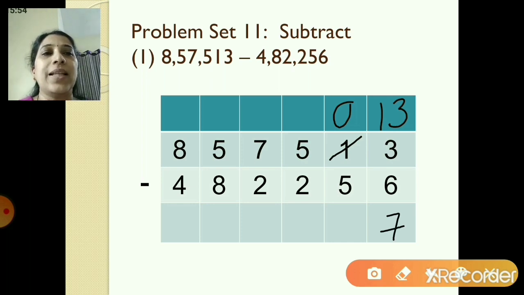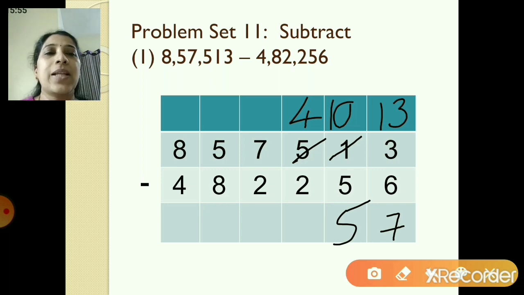Now in the tens place it is 0 and 5. Now you again cannot subtract 0 from 5. So you are going to borrow 1 from the hundreds place. So this will become 4 in the hundreds place and in the tens place it will become 10. So 10 minus 5 is 5.